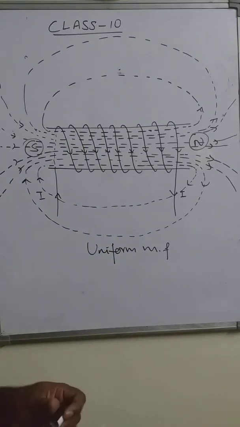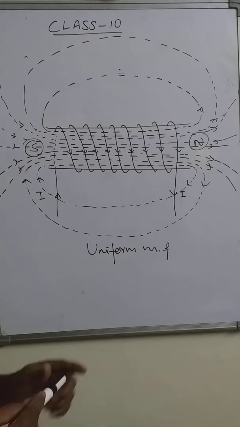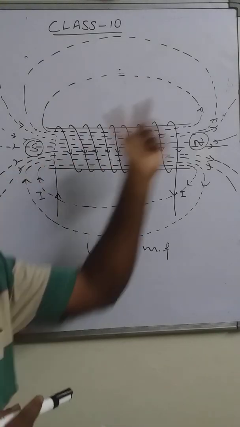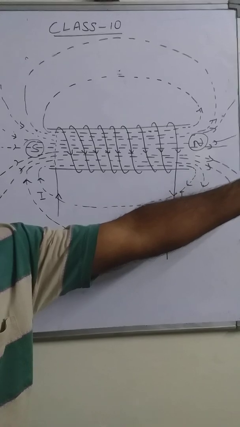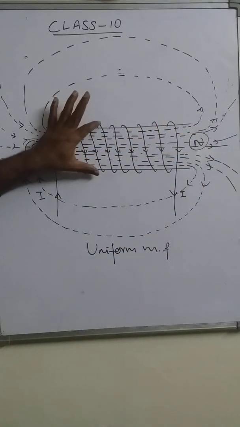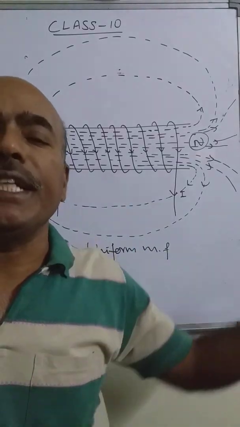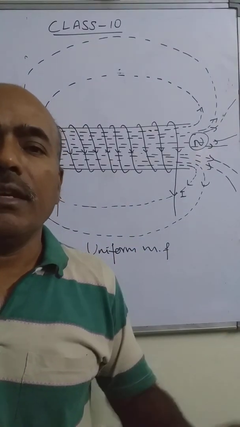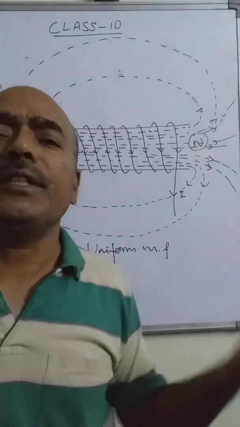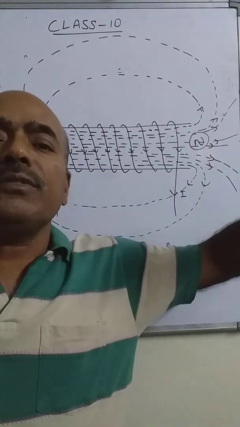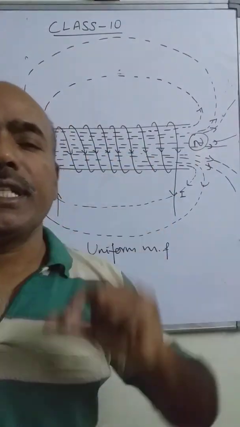Here one thing we can assume is that the length of the solenoid is very much longer compared to its diameter. If we take the example of the element of a heater, its length is very long compared to its diameter.